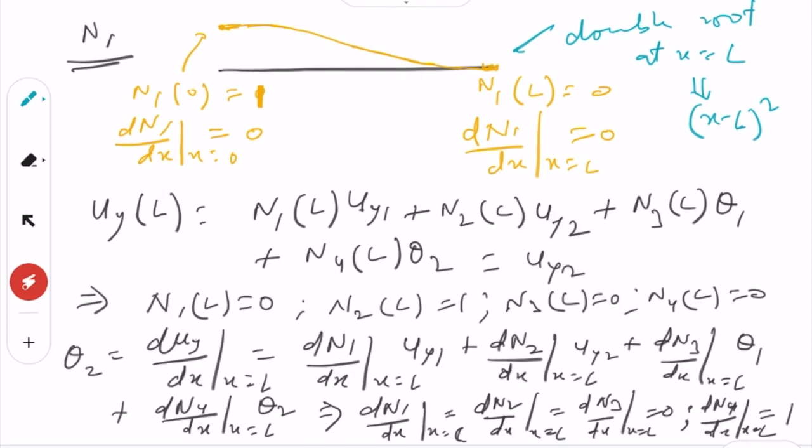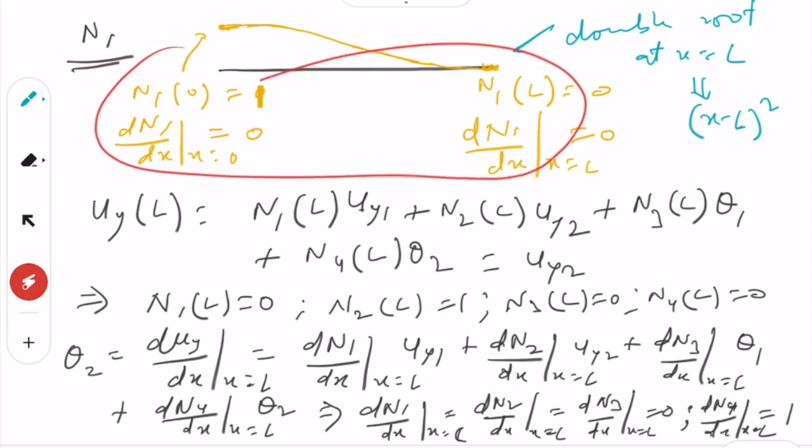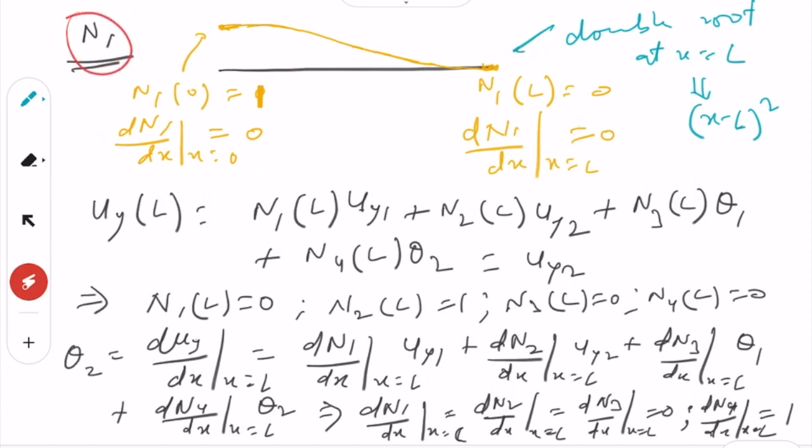Now if we can guess the form of N1, then it will be easier to derive N1. Looking at this, we have 4 constants here, right. That really means N1 has 4 unknowns to be determined.